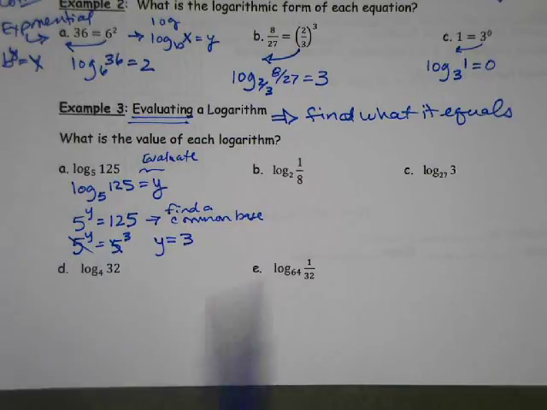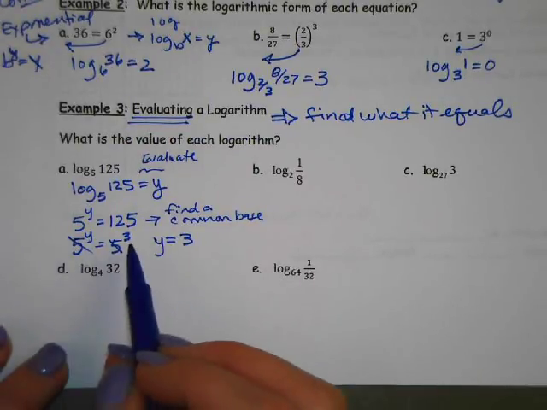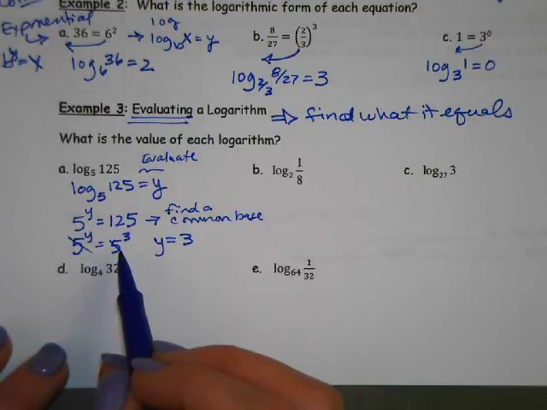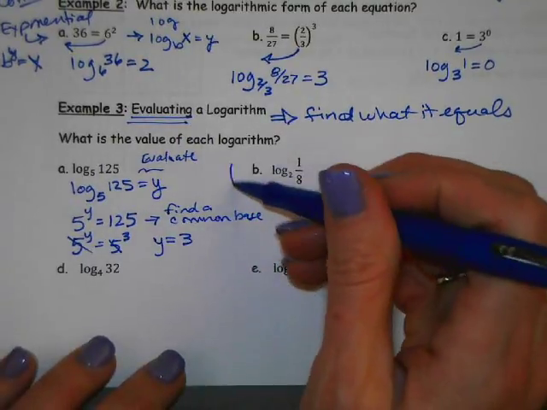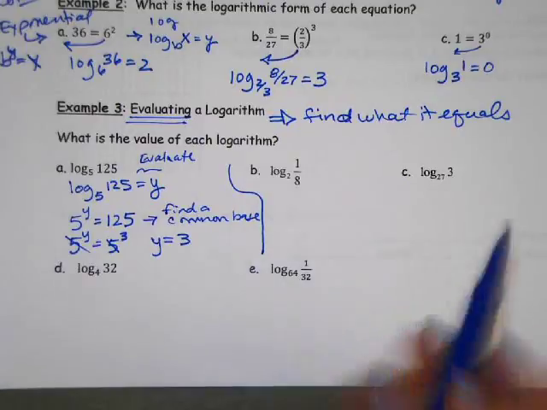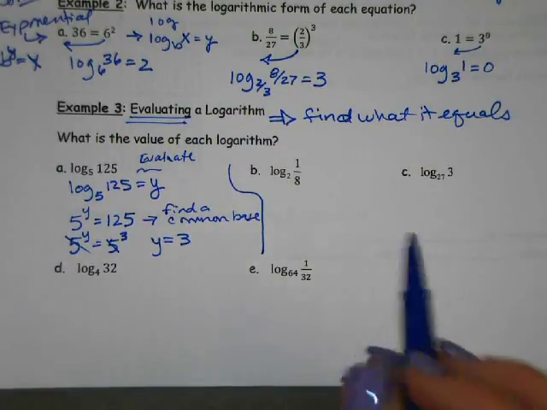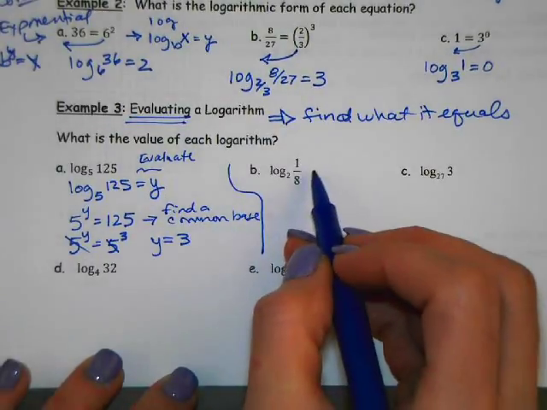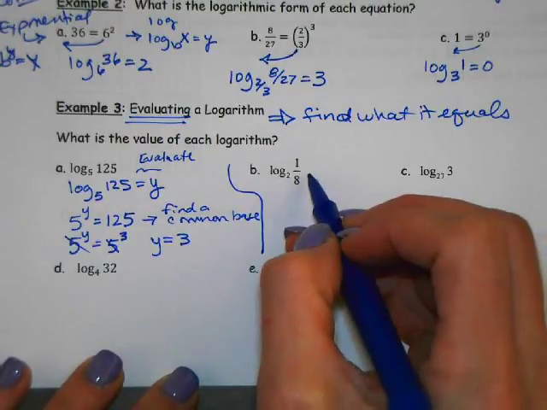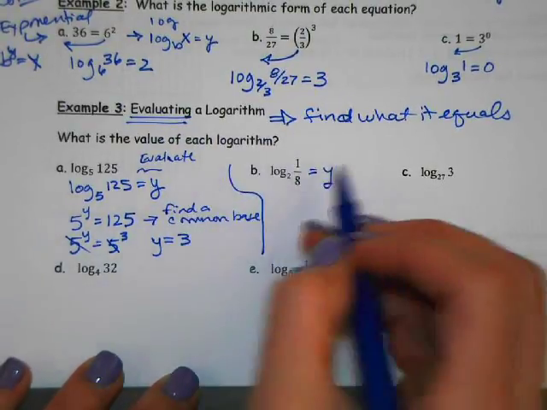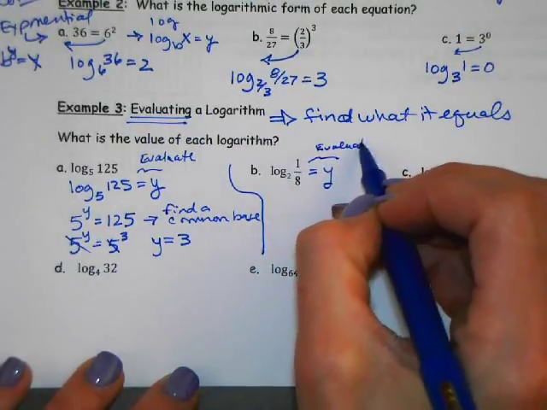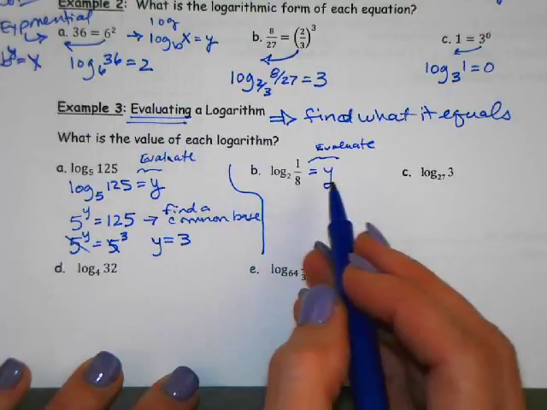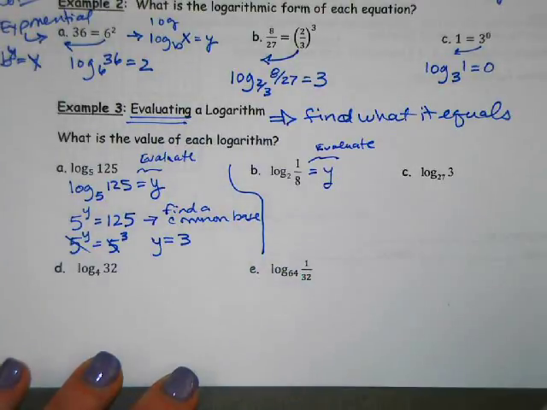Okay? So when you get it where you don't know the exponent, you want to find the same base, and then you put the exponents equal to each other and solve for the exponent. Okay? Alright, so let's try B. So in looking at this one, again, when you don't have an equals something over here, that's what you want to put, equals y. When it says evaluate, you want to put equals y. This is what this means. Okay? So now, when I have it like that, I convert it to be an exponential function.